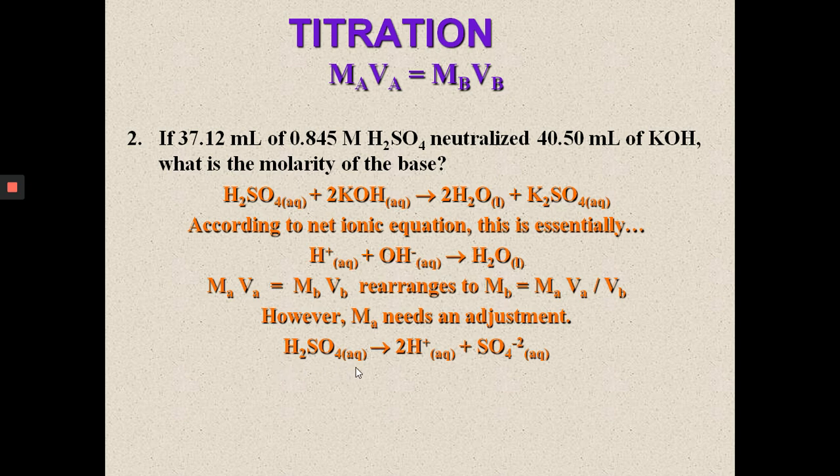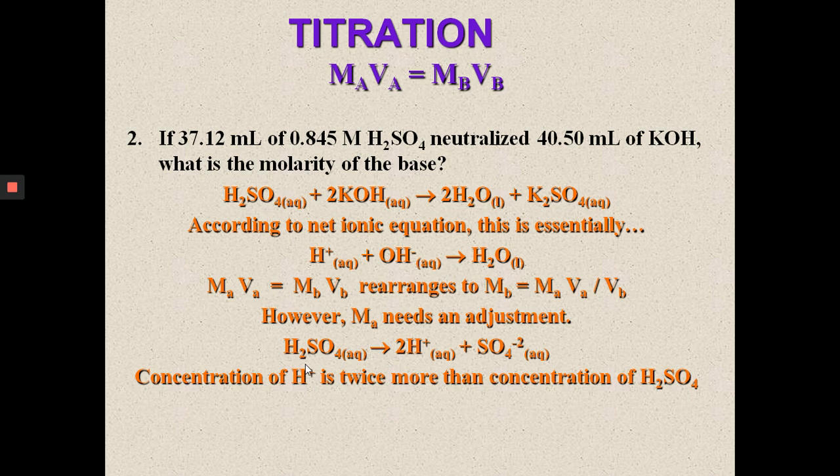Again, we're going to assume that the diprotic acid will completely dissociate into individual ions. Now, how does that affect our answer? The concentration of hydrogen is twice the concentration of sulfuric acid because of the stoichiometric factor: the coefficient is 1 sulfuric acid generates 2 hydrogens.